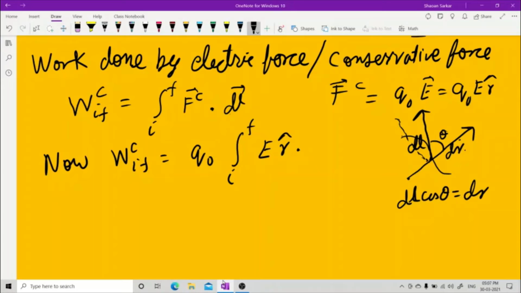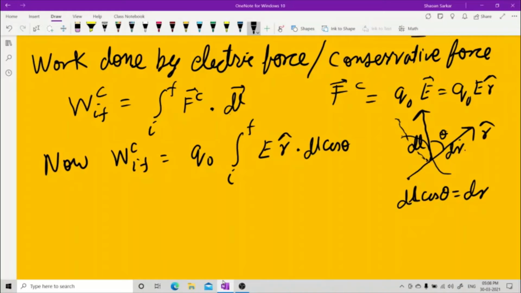Now in this case, dl cos theta is in the direction of r, so it can be written as dl cos theta r cap.